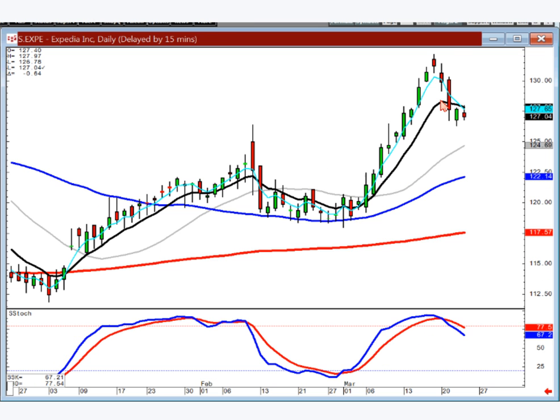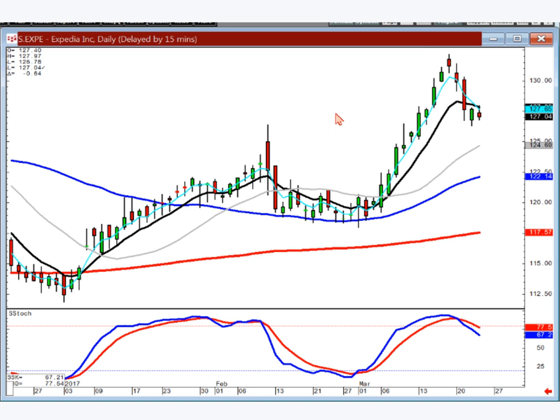EXPE, if you're short or if you're thinking of going short, I'd use today's low. If it comes down through there, you want to be shorting it. You can see how when they brought it up today, they failed at the T line.